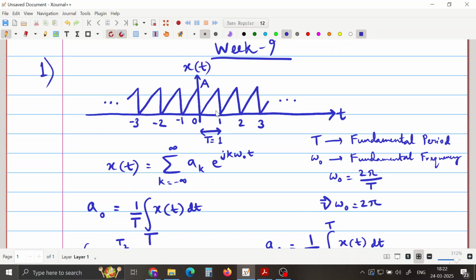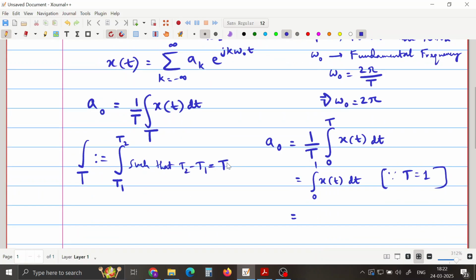So your slope would be capital A. So the equation of x of t within this region 0 to 1 is nothing but x of t given by capital A into t, right? So with capital A slope, it is increasing as a function of time. So you can replace x of t by A times t in this limit.